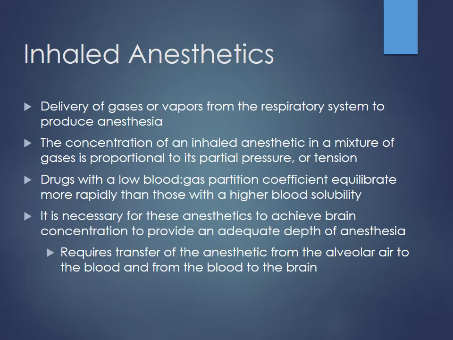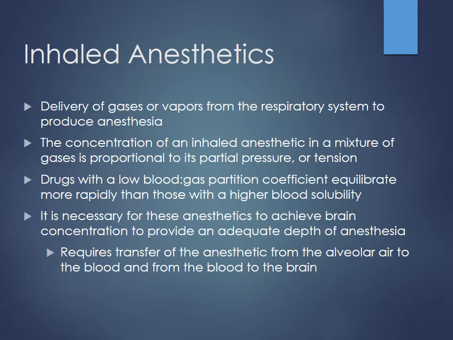The way that we change our dose here is based on the concentration of inhaled anesthetic in a mixture with oxygen and the other gases we normally breathe in. We're looking at the partial pressure, or the tension, of it. The higher that is, the more gas we're providing, the higher the percentage they're inhaling, and the bigger the dose they're going to get to the brain. Drugs need to partition from the lungs and alveoli over into the bloodstream.